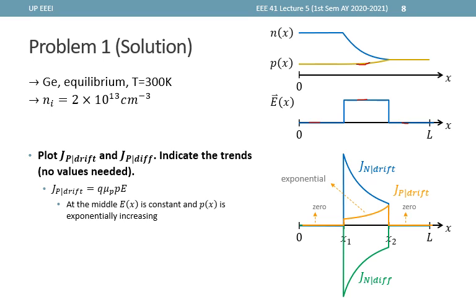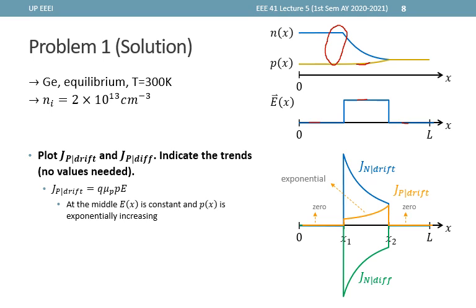So why is the plot for Jp drift drawn to be smaller than Jn drift? Well, they are experiencing the same electric field, so they have the same value there. Q is just a constant, whereas P is much less than N in this portion. So the current for holes at that portion must be much smaller than the current for electrons at that portion.